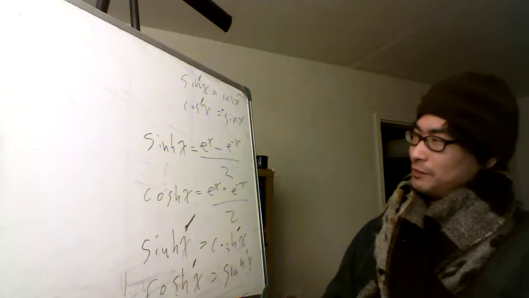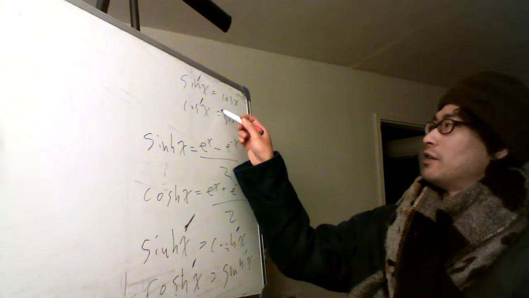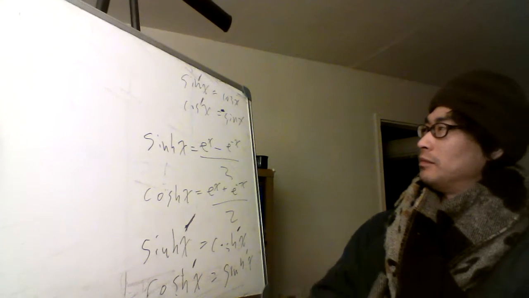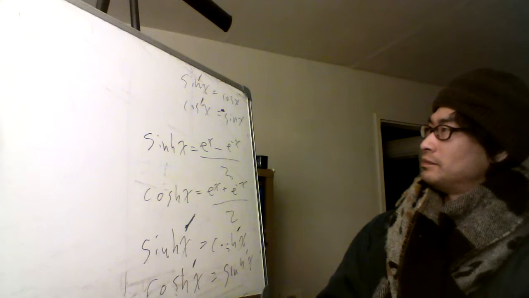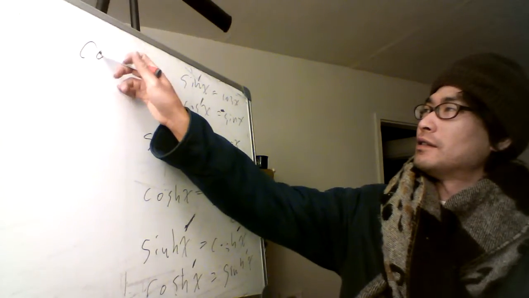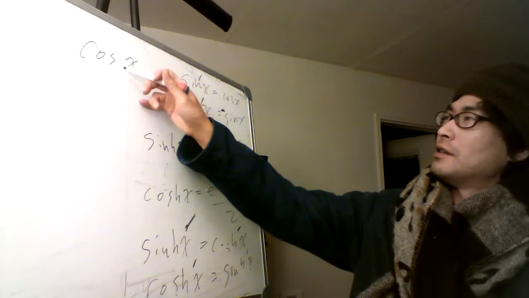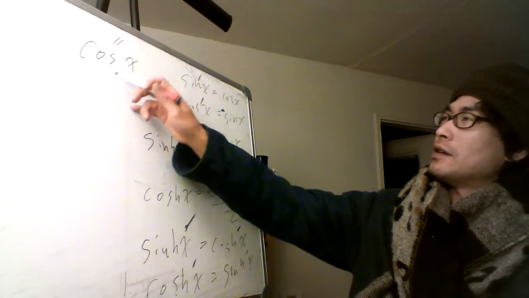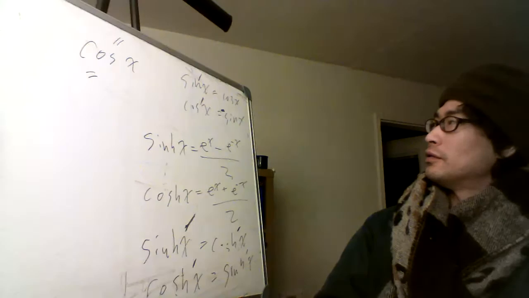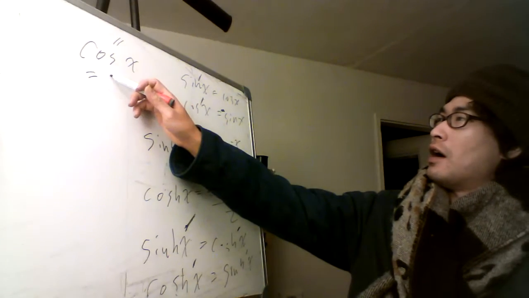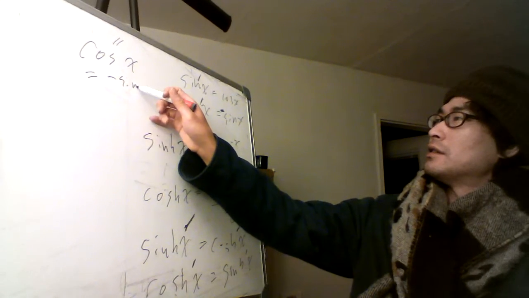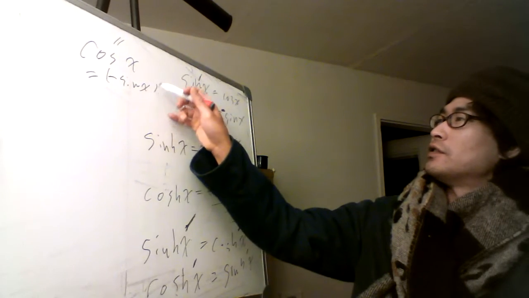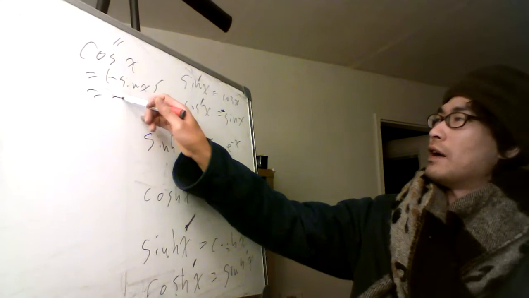So this is a minus sign here. So cosine x differentiated twice is equal to minus sine x differentiated, which is minus cosine x.